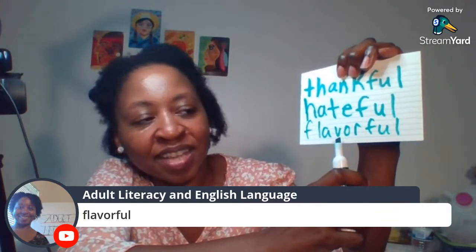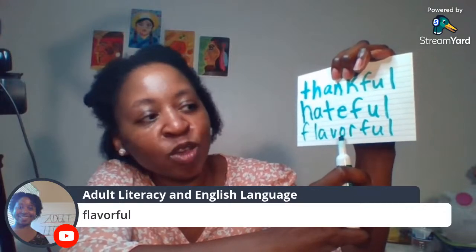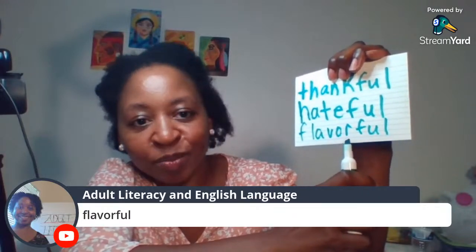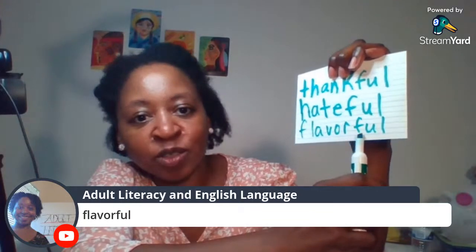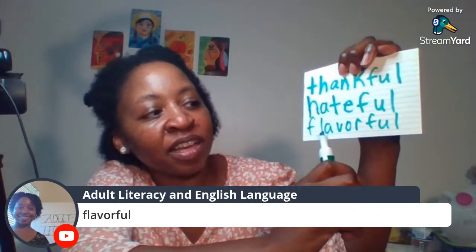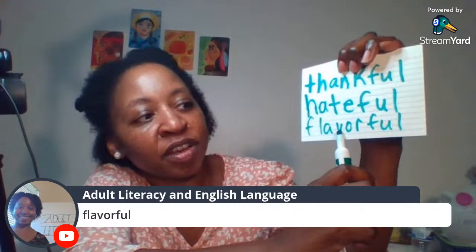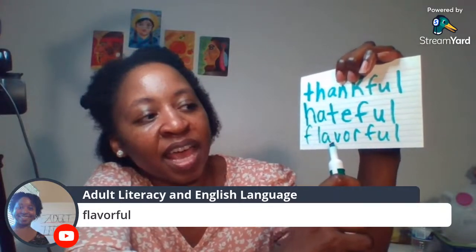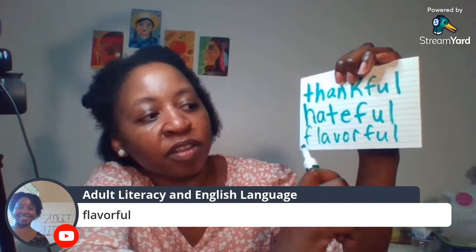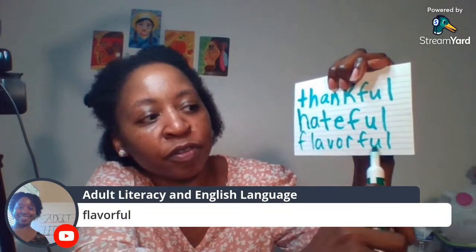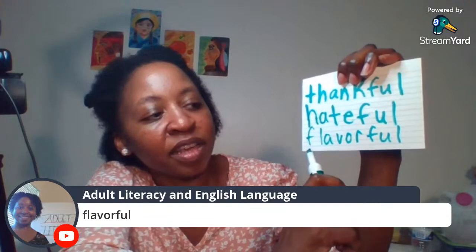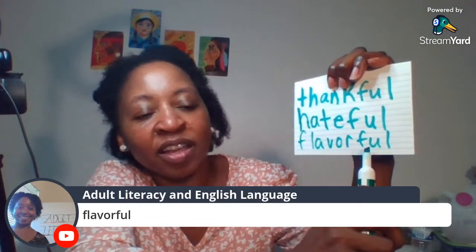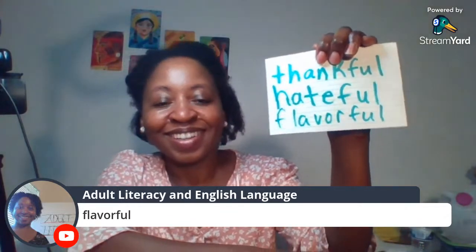V has the V sound. The letters OR is the word or. And we have the suffix full, F-U-L. Fluff, A, ver, full. Flavorful. So somebody tastes really good. It's flavorful.